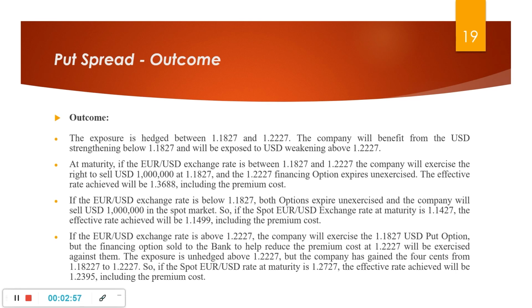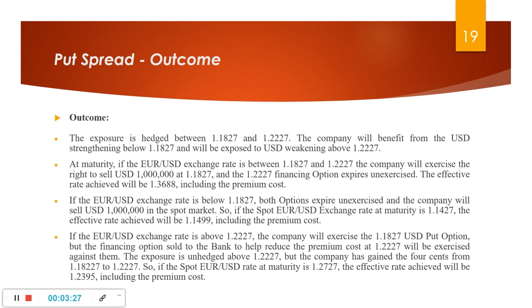The exposure is unhedged above 1.2227, but the company has gained the 4 cents from 1.1827 to 1.2227. So if the spot Euro USD rate at maturity is 1.2727, the effective rate achieved will be 1.2395 including the premium cost.